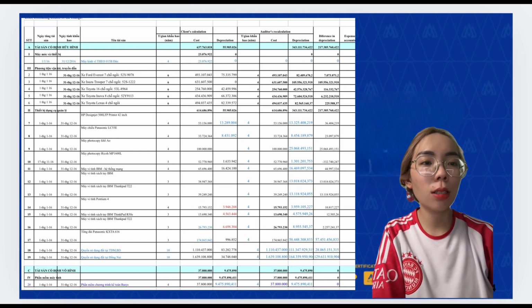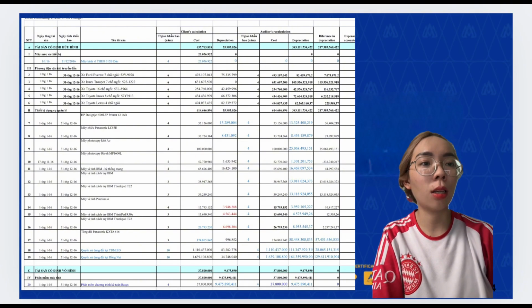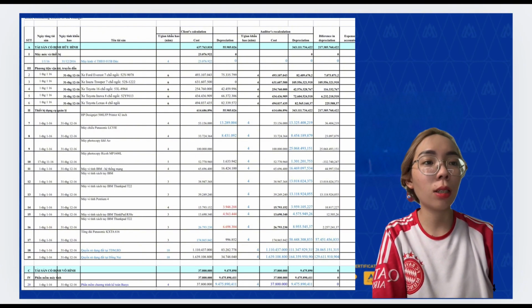For the office equipment, the notable discrepancies include that the photocopier record MB 1600 liter had differences in cost recognition date, so it caused the variance in depreciation.